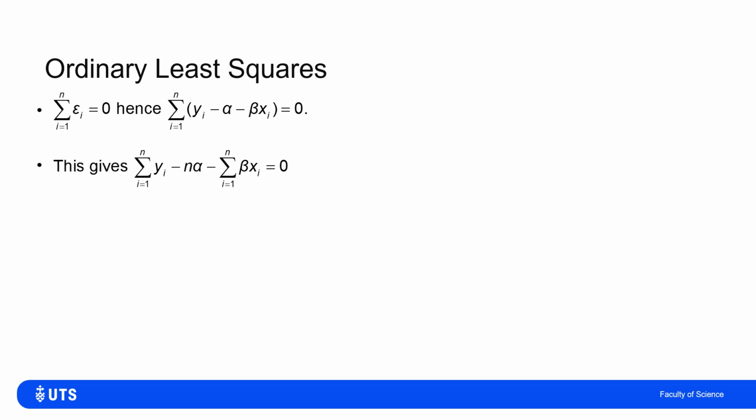When I rearrange this, I get the sum of the yi observations minus n alpha minus the sum of beta times the x's has to be 0. And a simple rearrangement of that gives me that alpha should be the sum of the yi's minus the sum of beta times xi, over n.